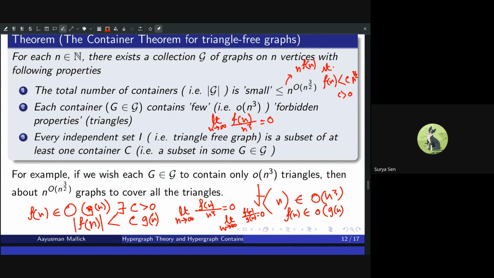But we proved using Cauchy-Schwarz in the proof of Mantel's theorem that it is optimal. We showed that it is the optimal bound.